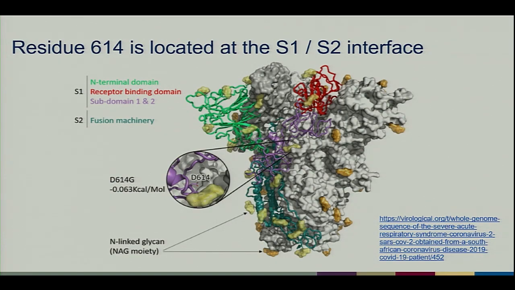It is away from the receptor binding domain, but near the fusion machinery. Thus far, individuals who have tested the ability of serum to neutralize this new variant haven't found differences between the original circulating variant and the 614G variant. However, it could, in theory, escape some antibody responses. Next slide, please.